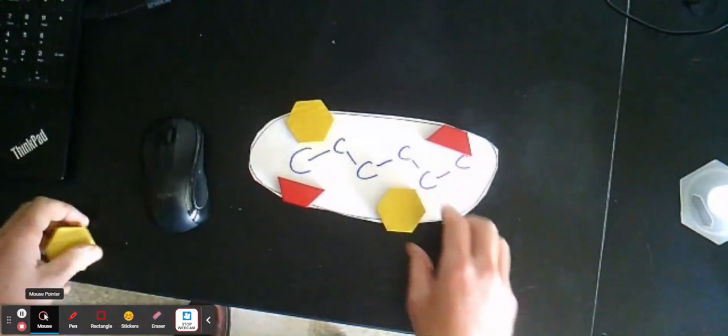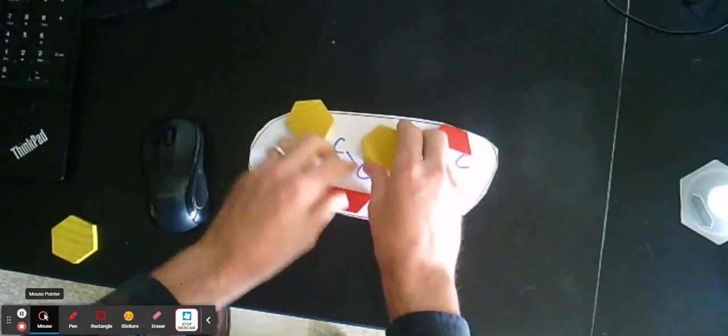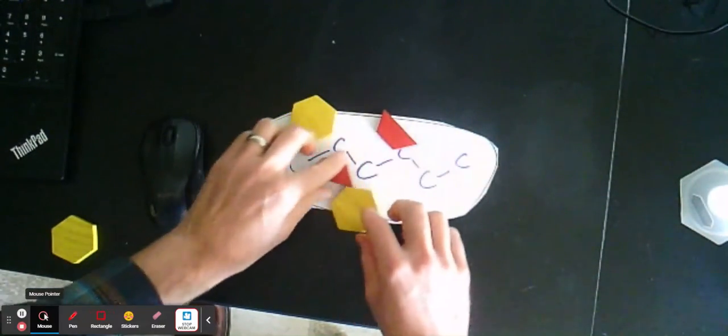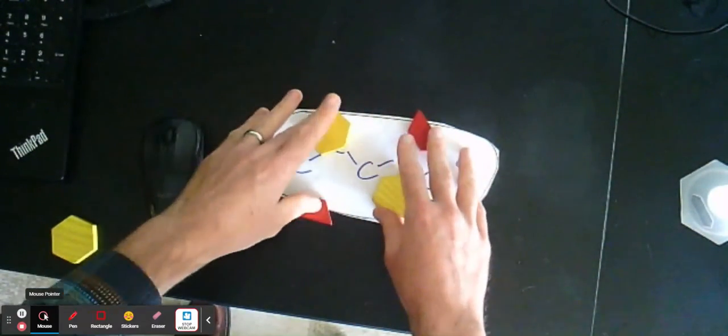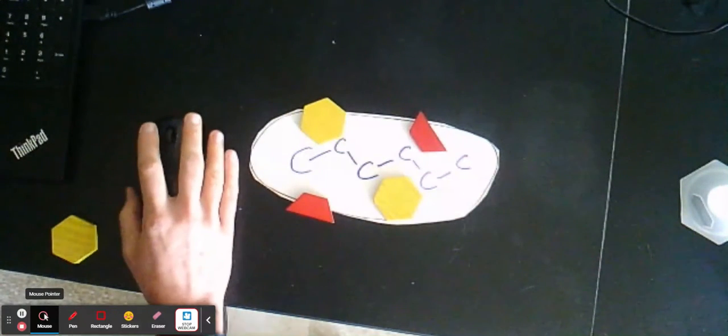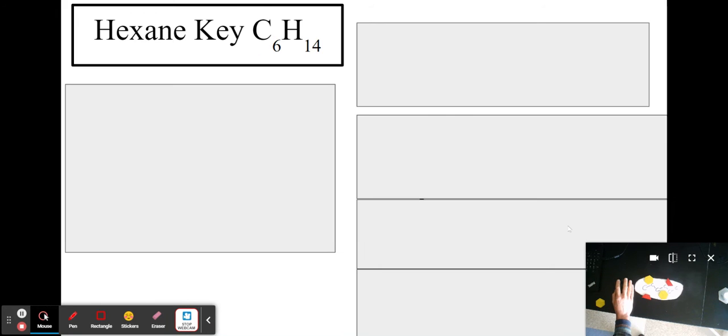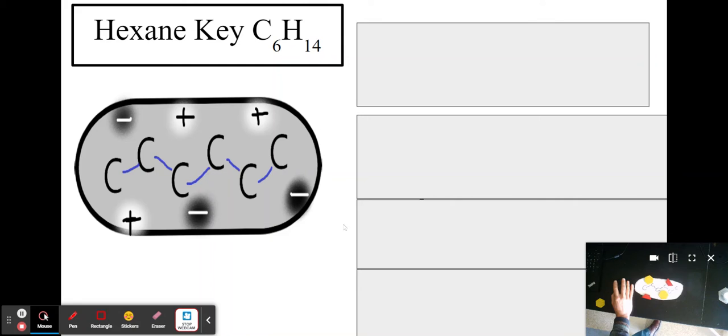These areas of high density are constantly moving around because the electrons are constantly moving. They're not stagnant, but you can draw it as stagnant.